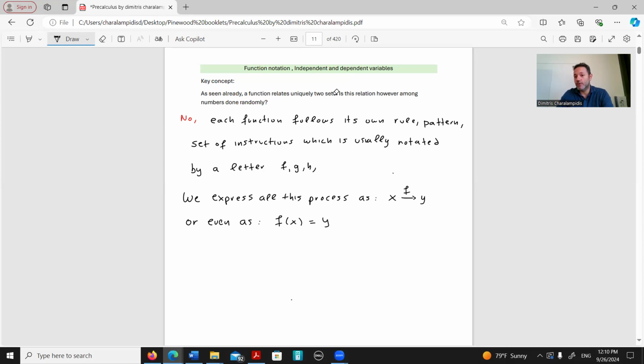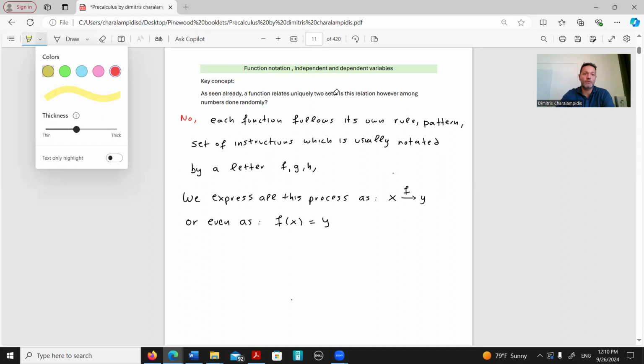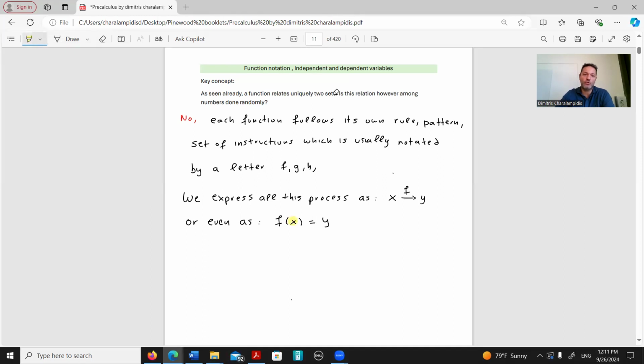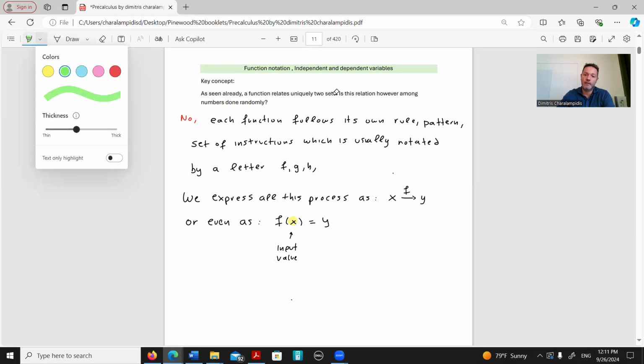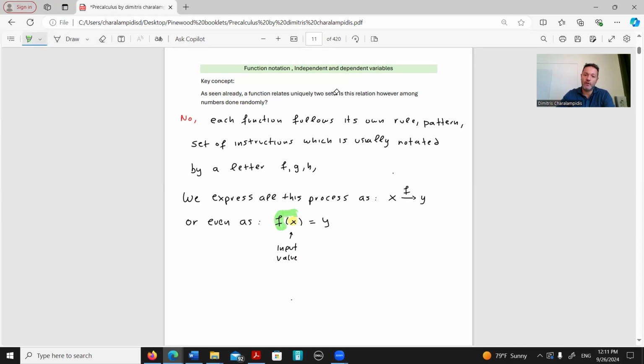In the university, we used to go by the first one, from x arrow y, under the rule of f. Mostly, however, in schools, we see it as f of x equals y. And this is not necessarily a bad thing, because this also shows that x is the input value and the entire f of x, which is the same as y, is the output value.